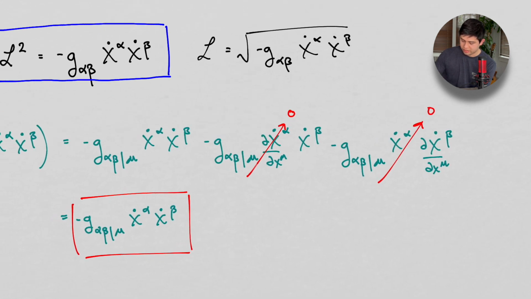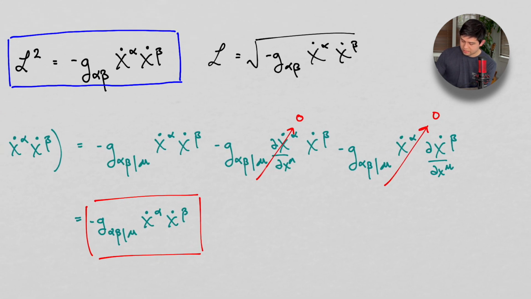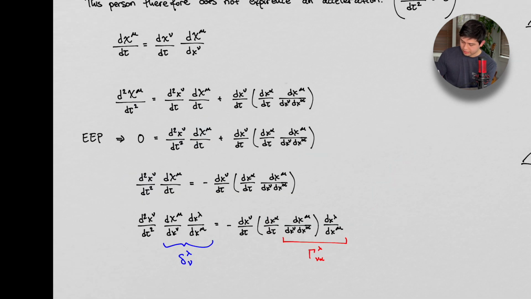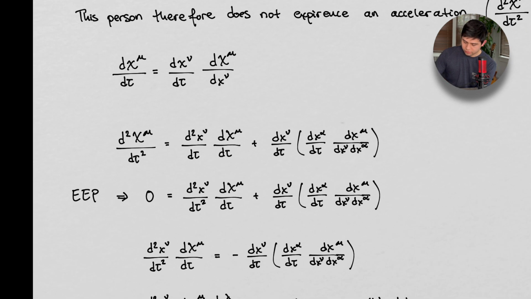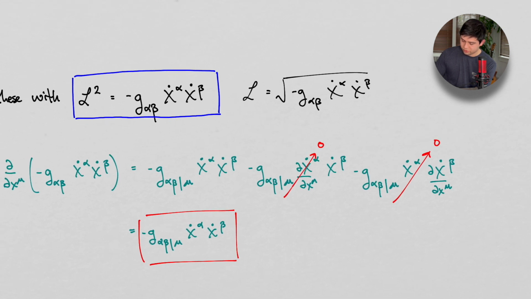Another argument you can make is by saying that, if we're talking about the Einstein equivalence principle, if this is 0, then this here must have been a constant.